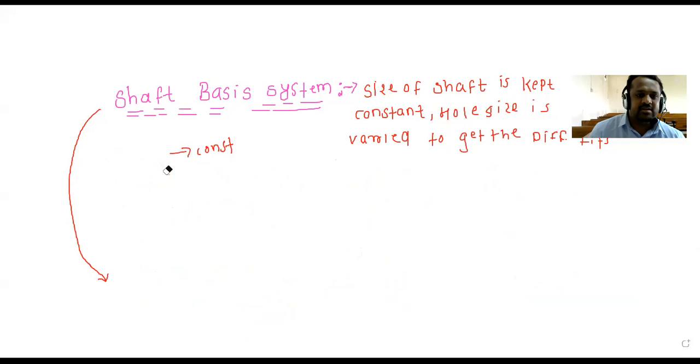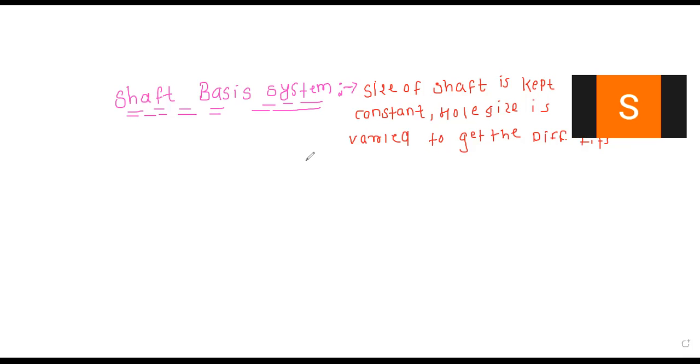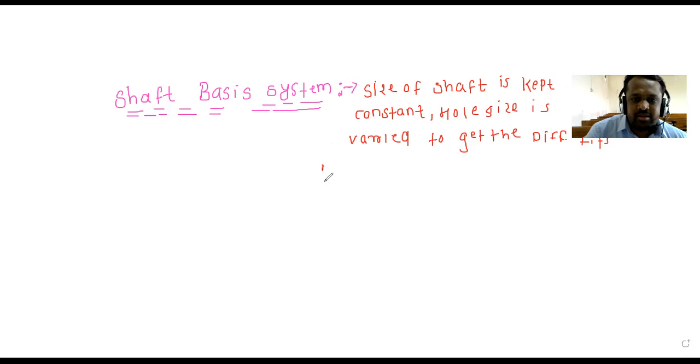In the hole basis system we kept the lower deviation as 0, but in the shaft basis system we have to put which deviation? The upper deviation. It is an important point. The upper deviation.